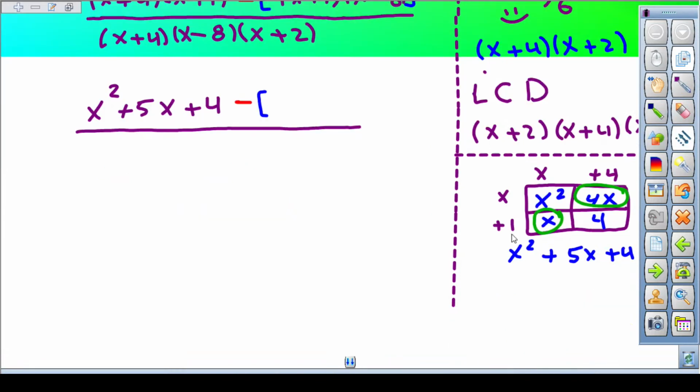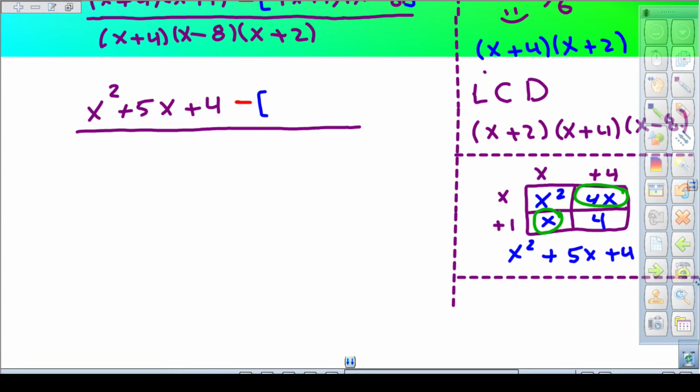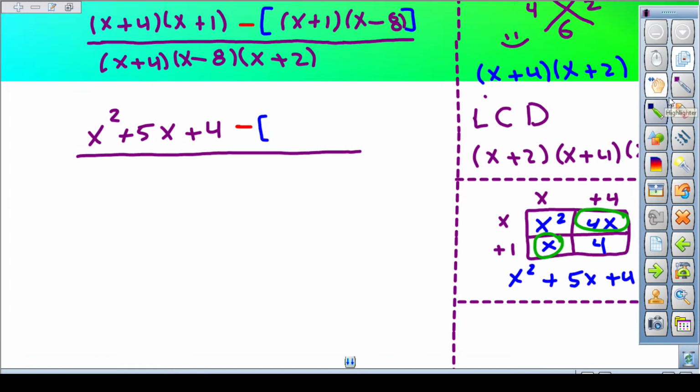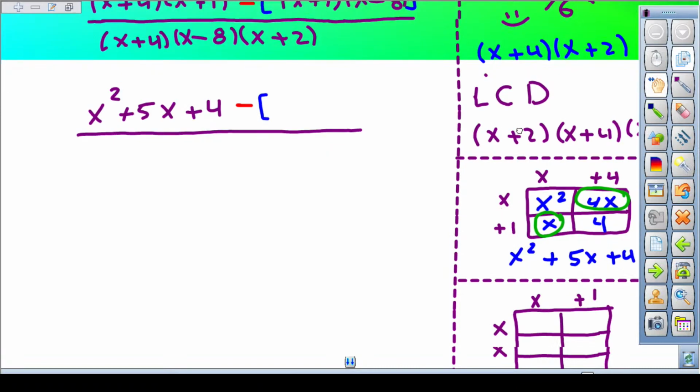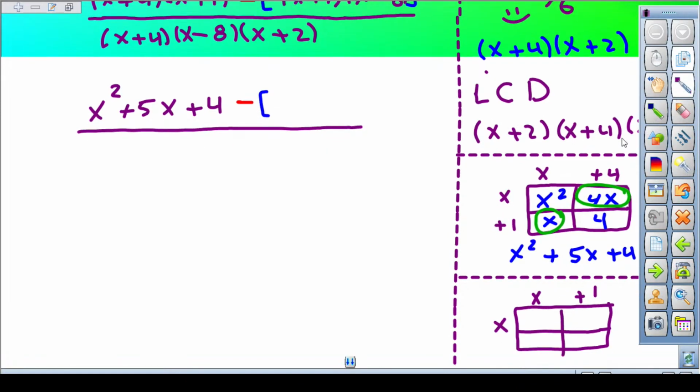I'm also going to use the box. I'm not sure what you guys want to use, but that's my favorite, so I'm going to use the box. I'm going to put x plus 1, then x minus 8.